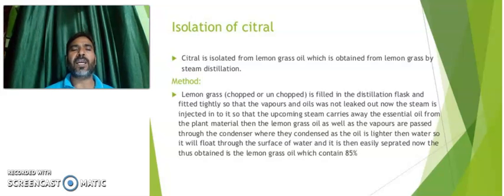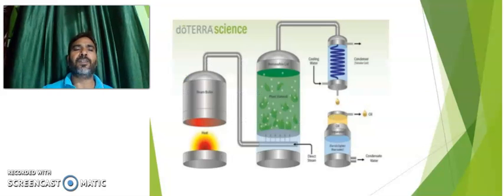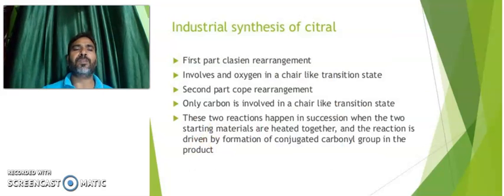Then the lemongrass oil as well as the vapors are passed through the condenser where they condense. As the oil is lighter than water, it floats on the surface of the water and is easily separated. Thus obtained is the lemongrass oil, which contains 85% Citral. You can see the setup.